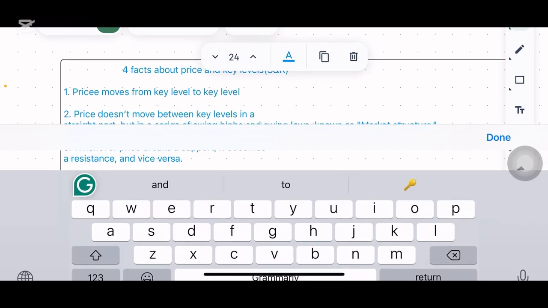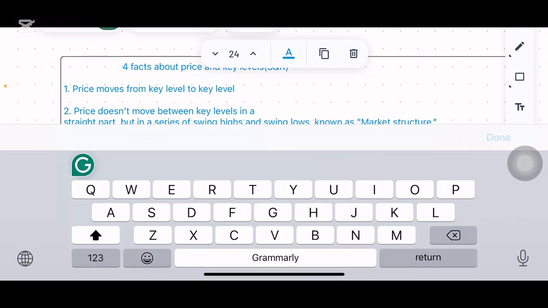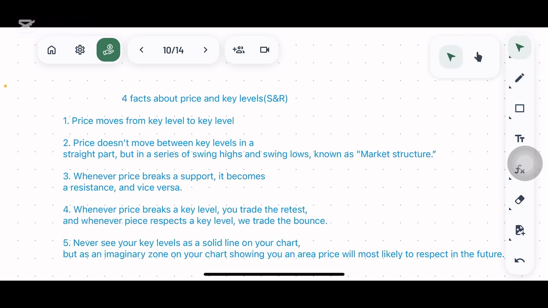Number 2 is that price doesn't move between key levels in a straight path, but in a series of swing highs and swing lows known as market structure. As that market structure is forming, it's moving from one key level to another.